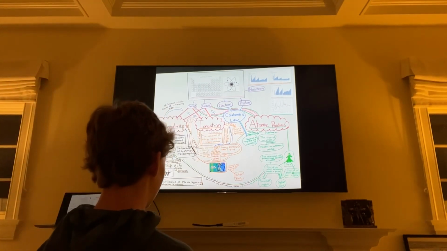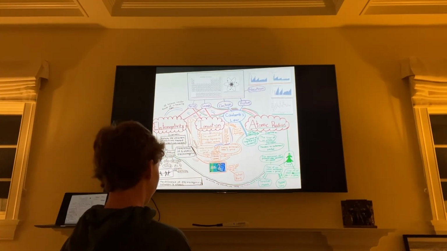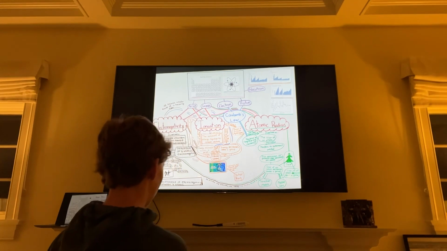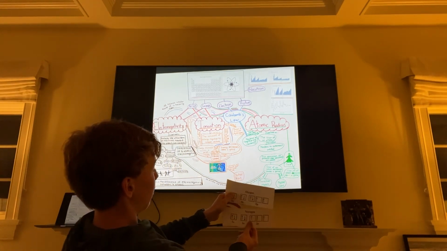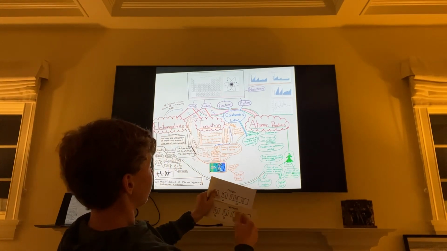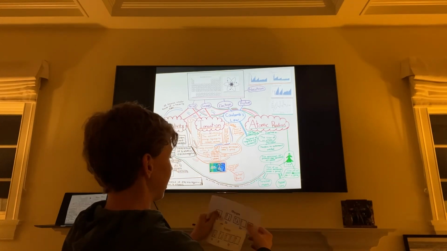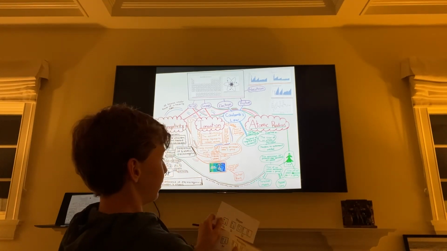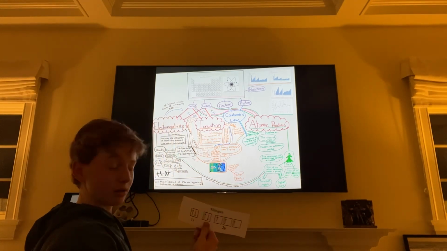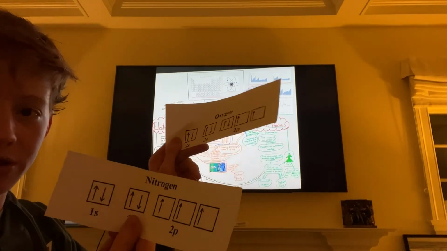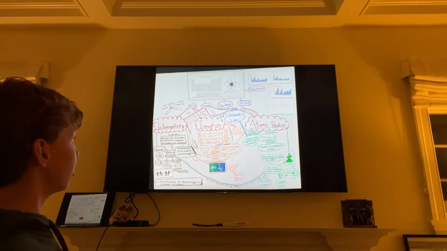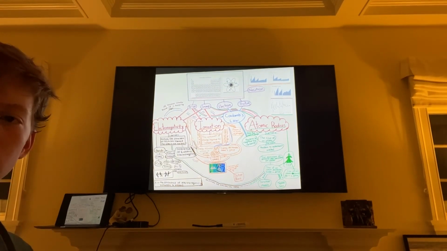And the amount of energy required to remove an oxygen electron, which is further away from the nucleus, is actually slightly less, because nitrogen's more stable because it has those singular electrons in each part.